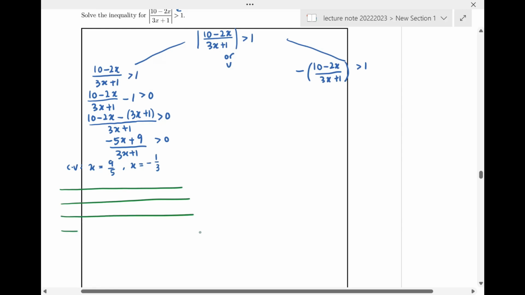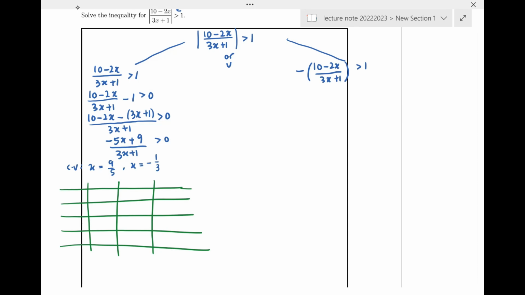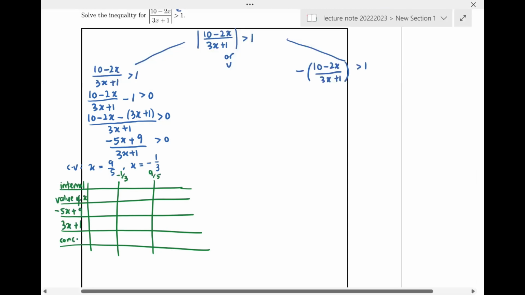Okay, draw the table and then put everything together. Excuse my bad drawing.